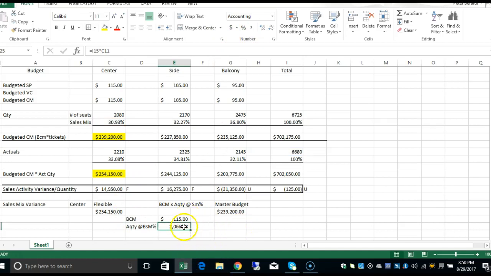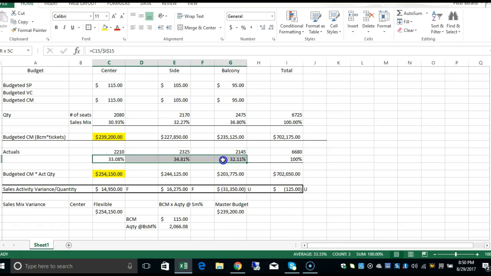So what this column says is take the actual total tickets sold for all 3 and convert it. In other words, what should we have sold based on a budgeted sales mix? So we sold 6,680 tickets actual, but 30.93% should have been center based on budget. 32.27% should have been side based on budget.